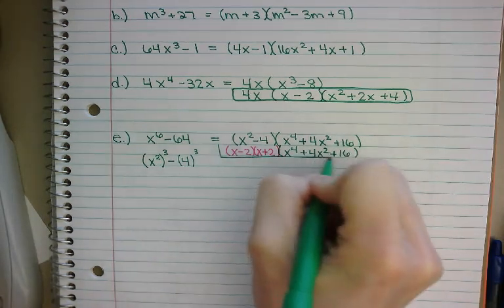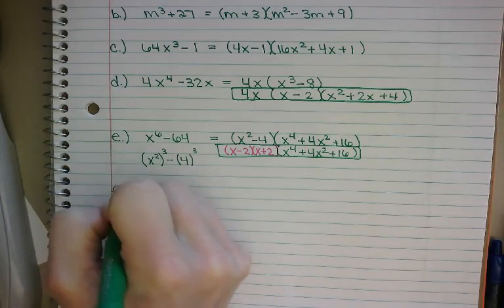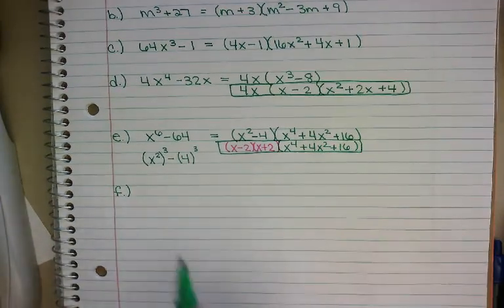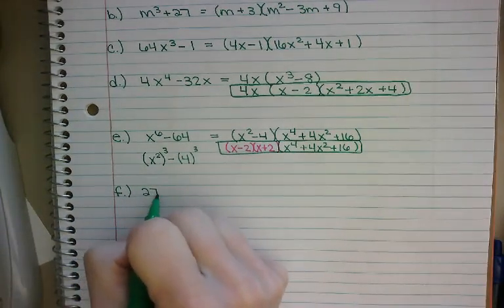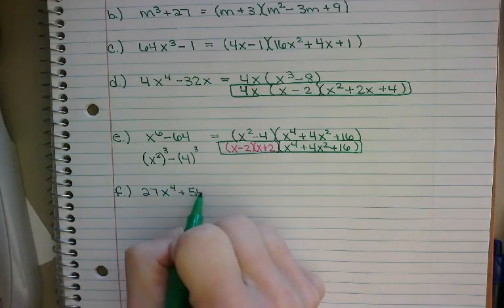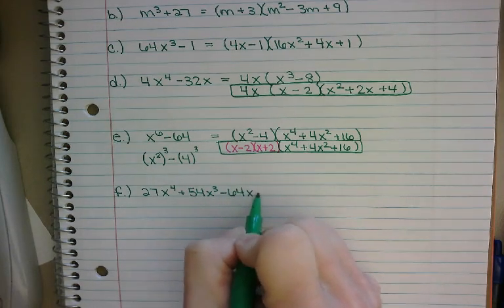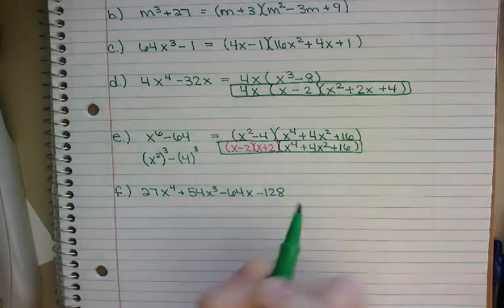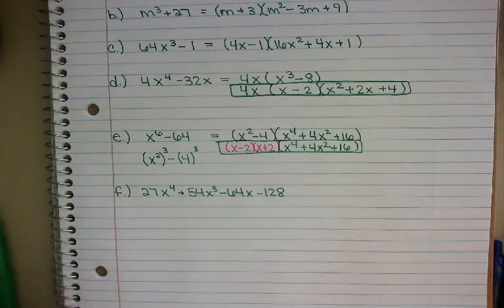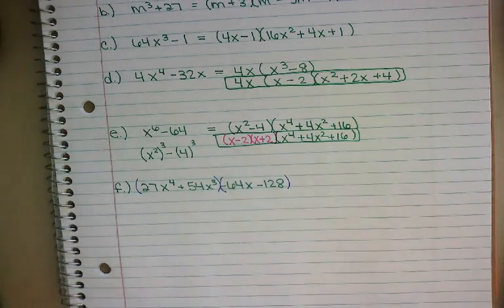Okay, and that reminds me of an example from yesterday's lesson that I said that I would come back to. So we had a problem, and it was 27x to the 4th plus 54x cubed minus 64x minus 128. Okay, and we solved that by the grouping. So we grouped the first two terms, and then we grouped the last two terms.